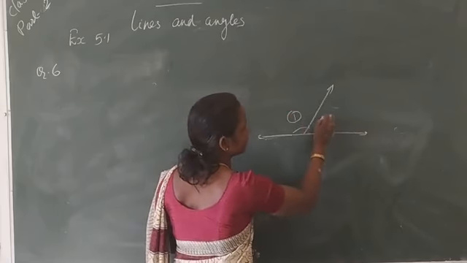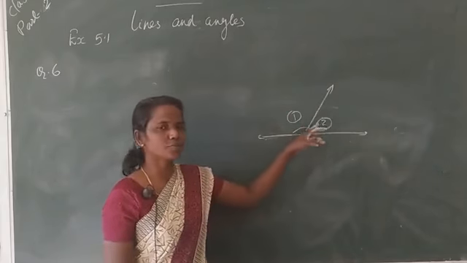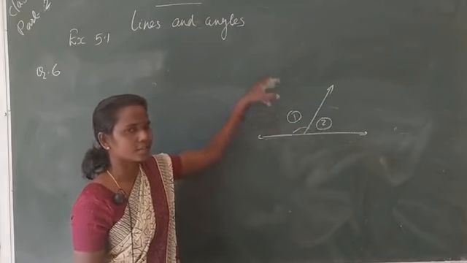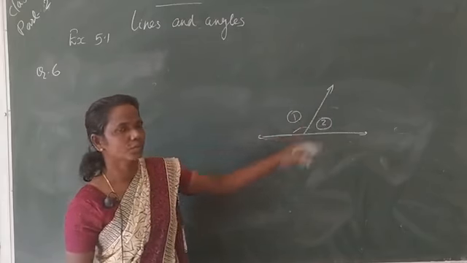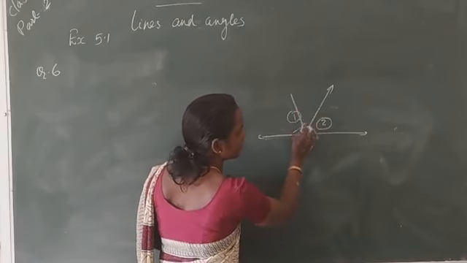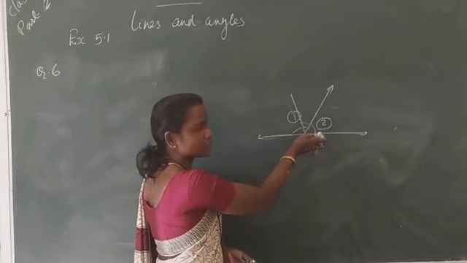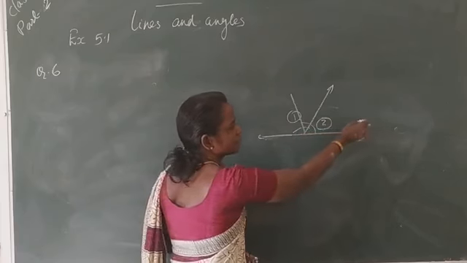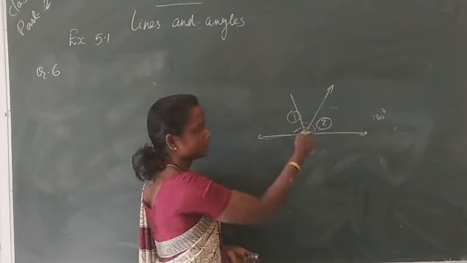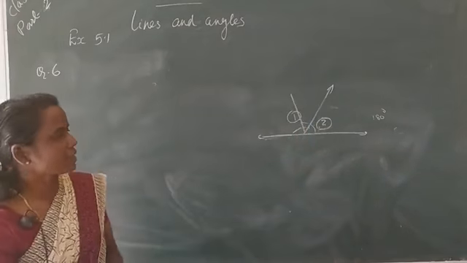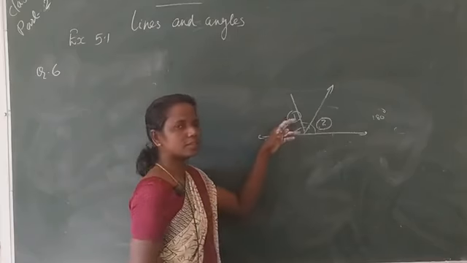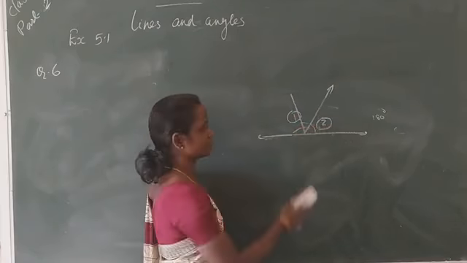Here the sum of these two angles, angle 1 and angle 2, is 180 degrees. If angle 1 is decreased, then angle 2 must increase so that the measure remains 180 degrees. So if angle 1 is decreased, then angle 2 is increased.